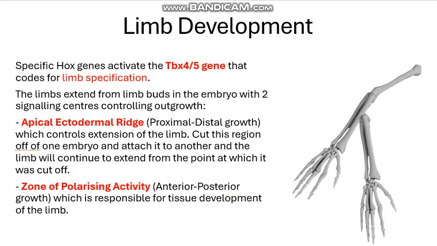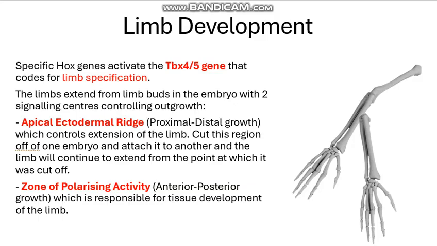So with regards to limb development, specific homeobox genes activate the TBX4 to 5 gene that codes for limb specification. The limbs extend from limb buds in the embryo with two signaling centers controlling outgrowth.